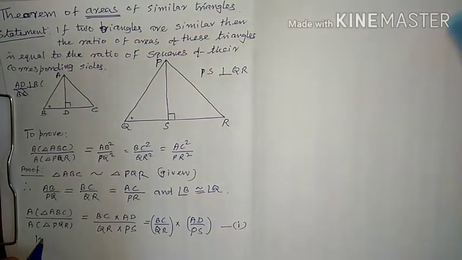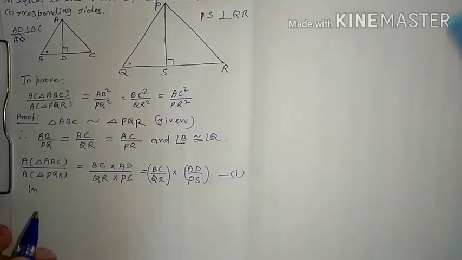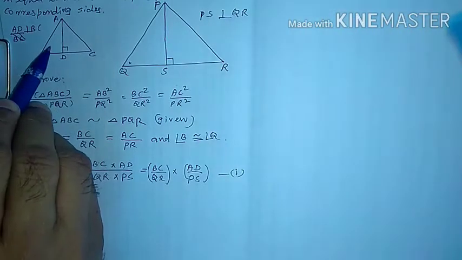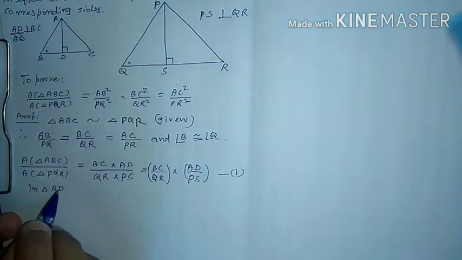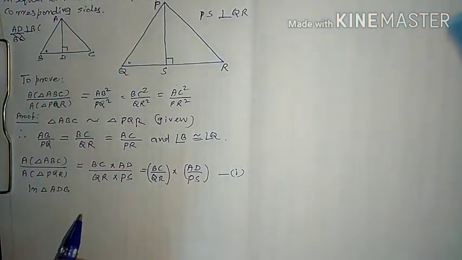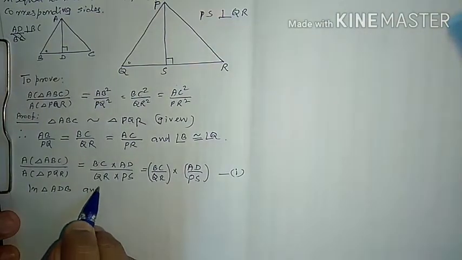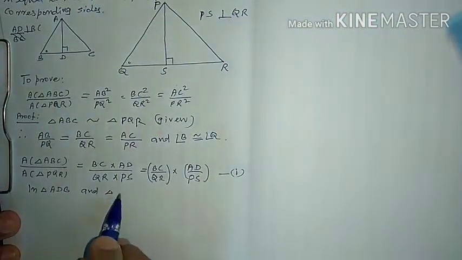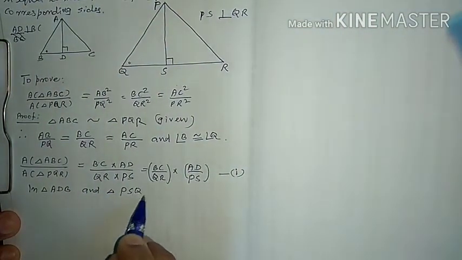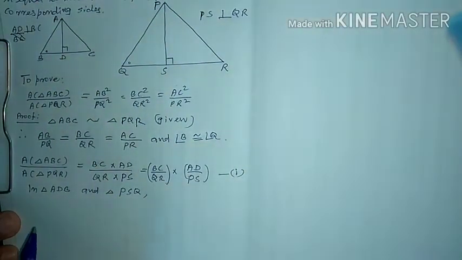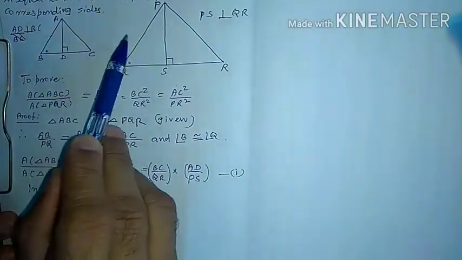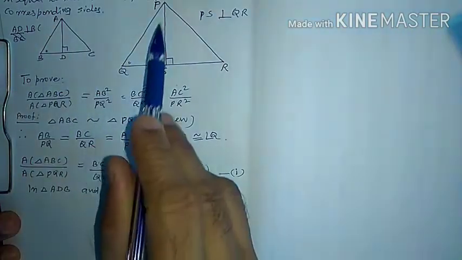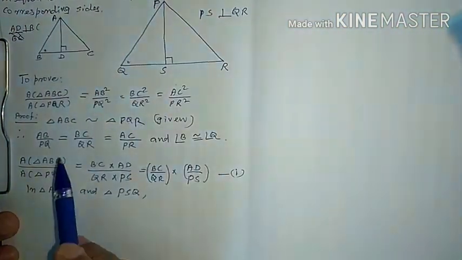Now, in triangle ADB, the small triangle, and triangle PSQ, side AB is proportional to PQ.